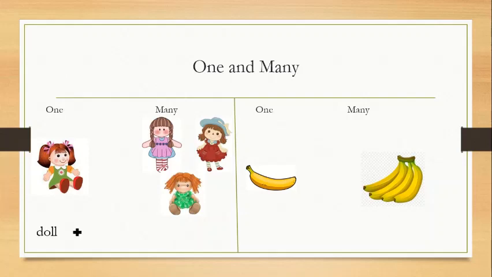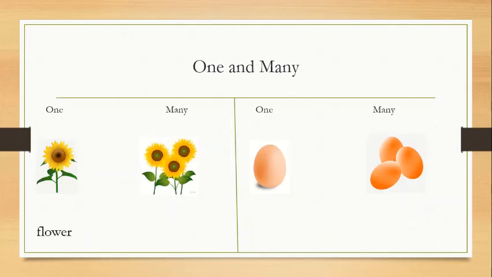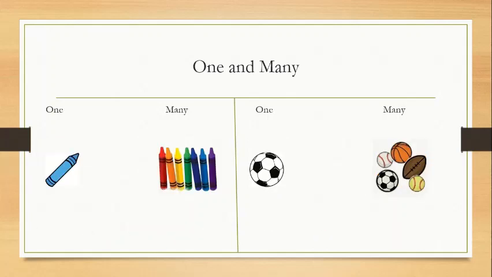One doll, many dolls. One banana, add letter S at the end, many bananas. One flower, many flowers. One egg, add letter S at the end, many eggs.